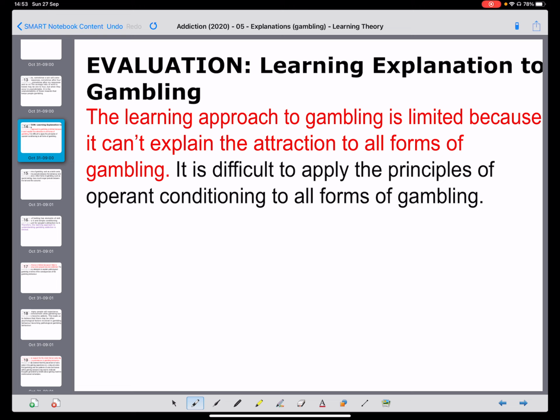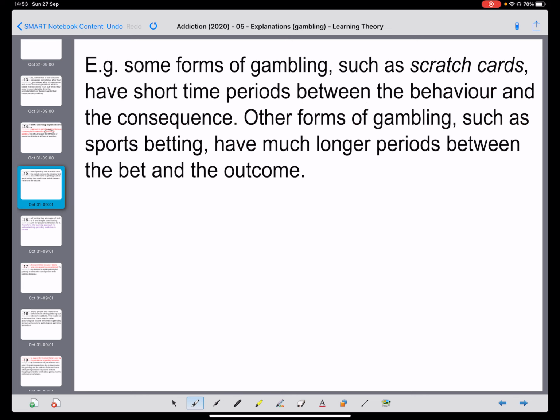So we see things like this, that we can't appreciate the learning theory explaining all forms of gambling because there are so many different types of gambling, and not all of them will have these direct partial variable reinforcement aspects to them. The examples that I use, for example, scratch cards. Scratch cards have a very short stimulus response type of situation.